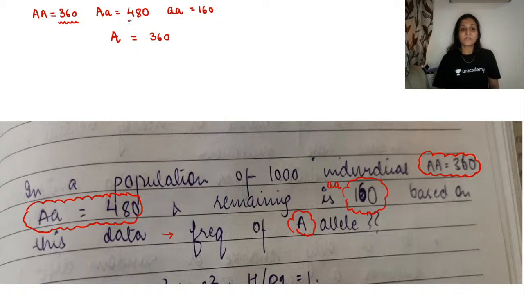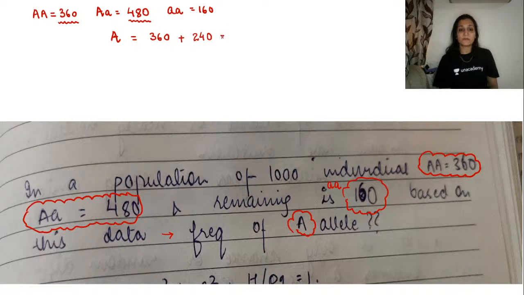And in the heterozygous condition also it is present, but it is present just half, because it is heterozygous and it's a diploid kind of population, that's why they are writing Aa. So half of capital A is present in the heterozygous condition. So half of 480 is 240.